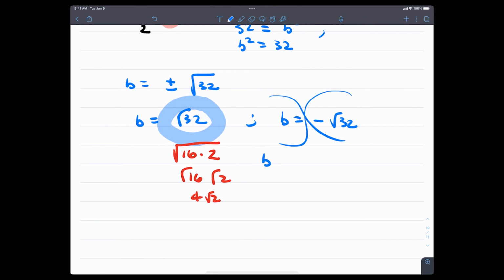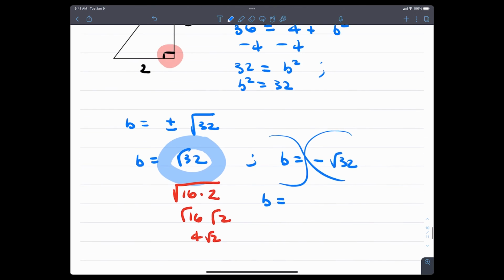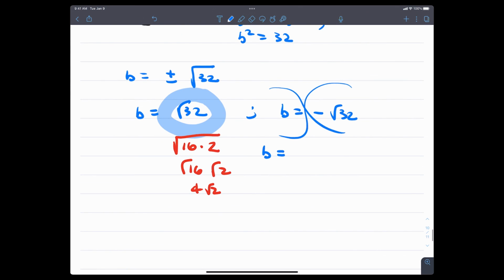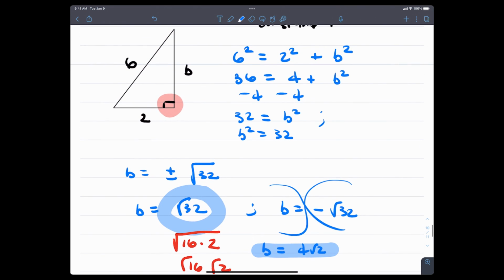So what is my distance? Isn't that 4 square root of 2? Do you guys remember these kind of questions from geometry? Right? You should have seen these kind of questions. That's 4 square root of 2. What do you guys think? Is that okay?